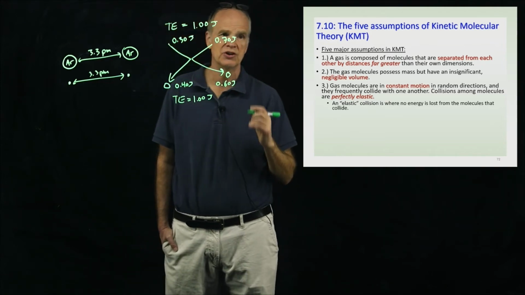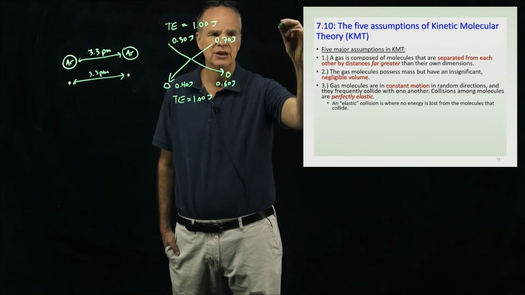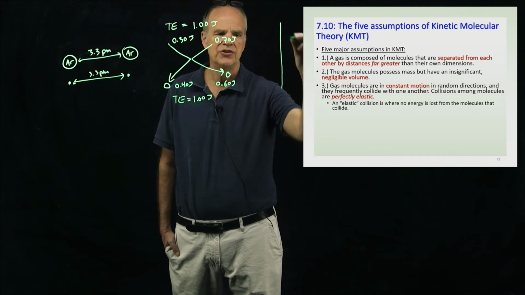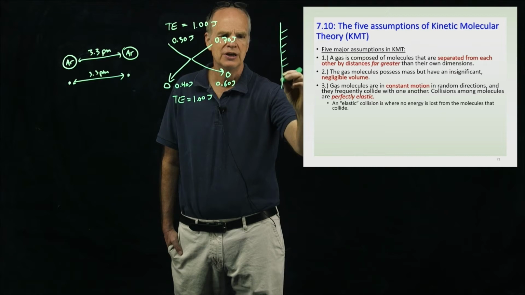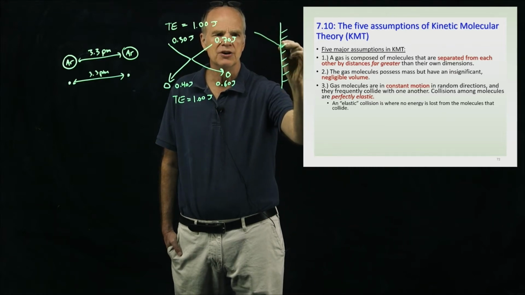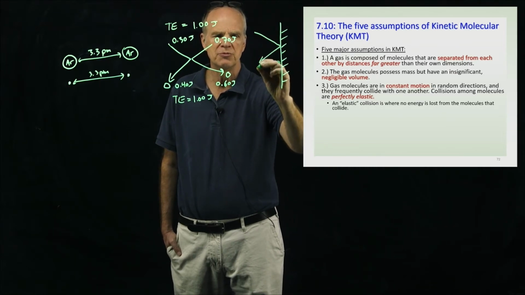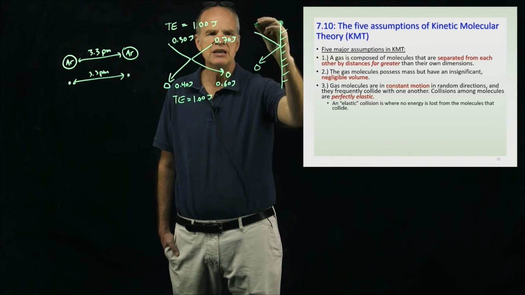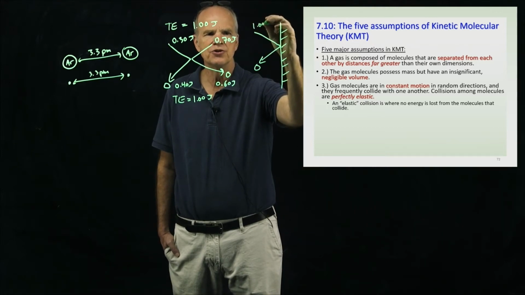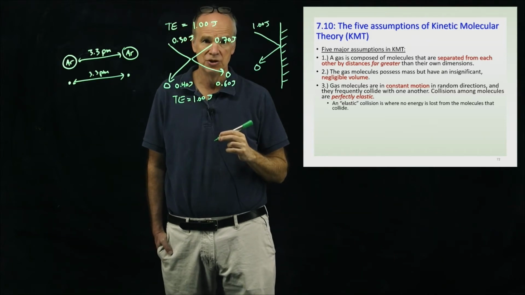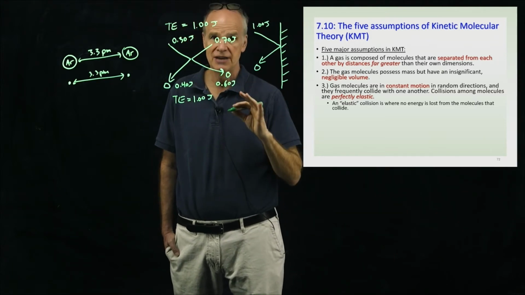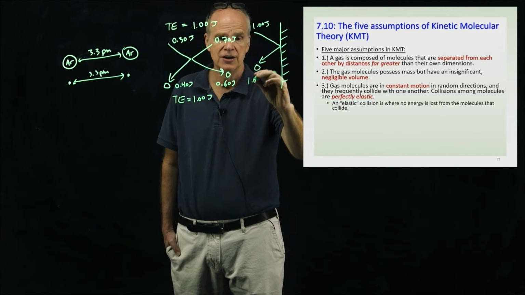Let me give you another example of an elastic collision. So let's say we have the surface of a beaker, for example. And let's say we have a molecule striking the surface of the beaker. Maybe it has 1.00 joules of energy before the strike. And then what kinetic molecular theory says is that it should have exactly the same energy after the strike.